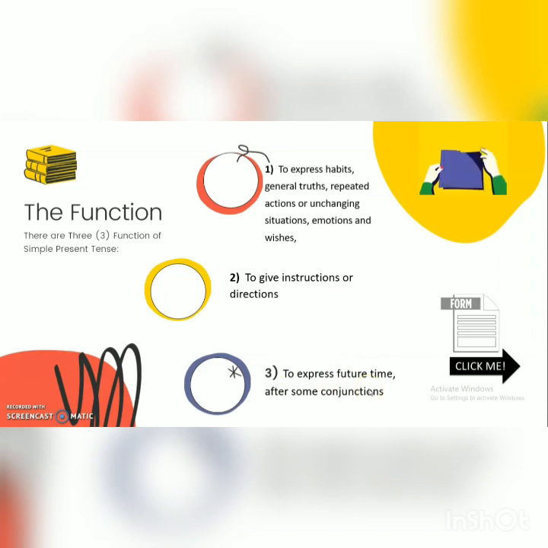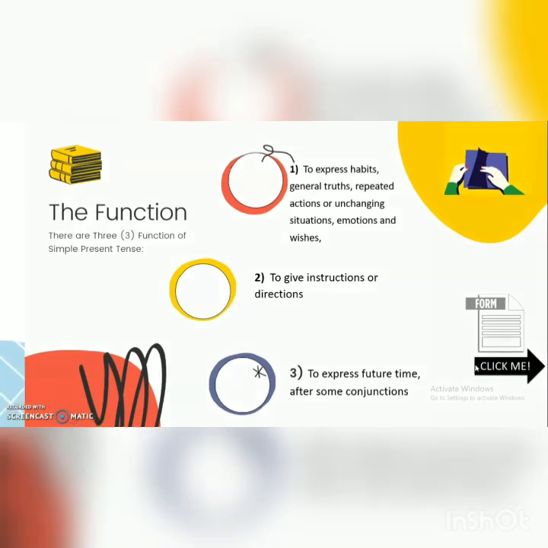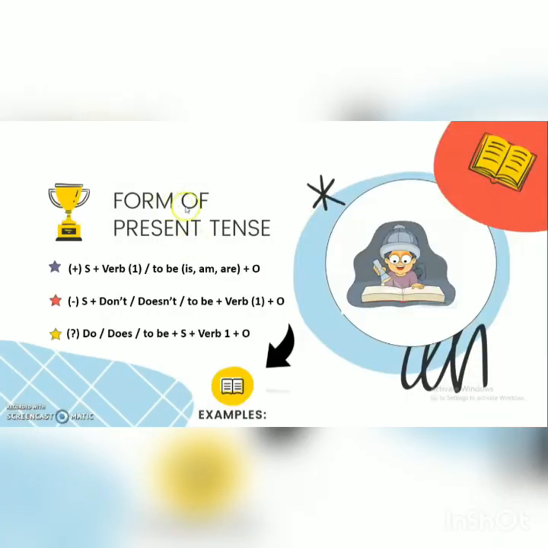And are you wondering what the form of simple present tense is? Let's check. Here we go. What is the form? The form of present tense for affirmative or positive is subject plus verb 1 or base form, or to be is, am, are plus object.